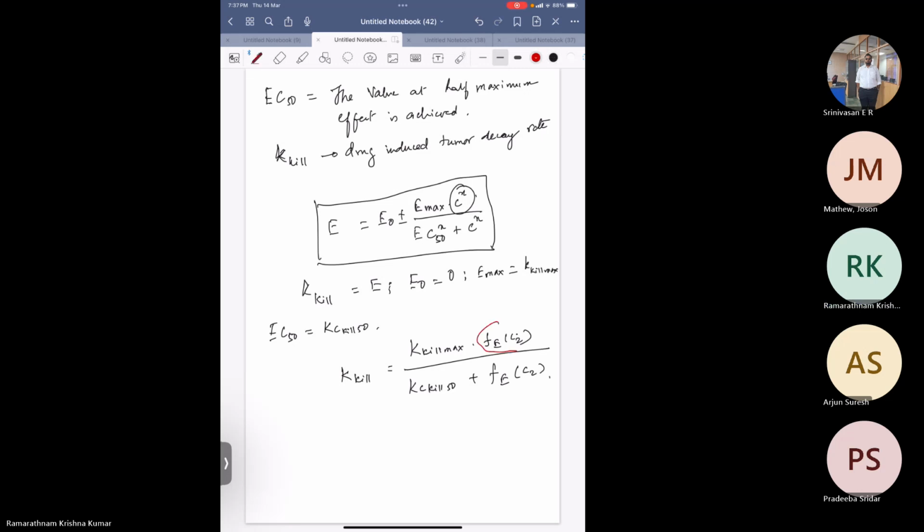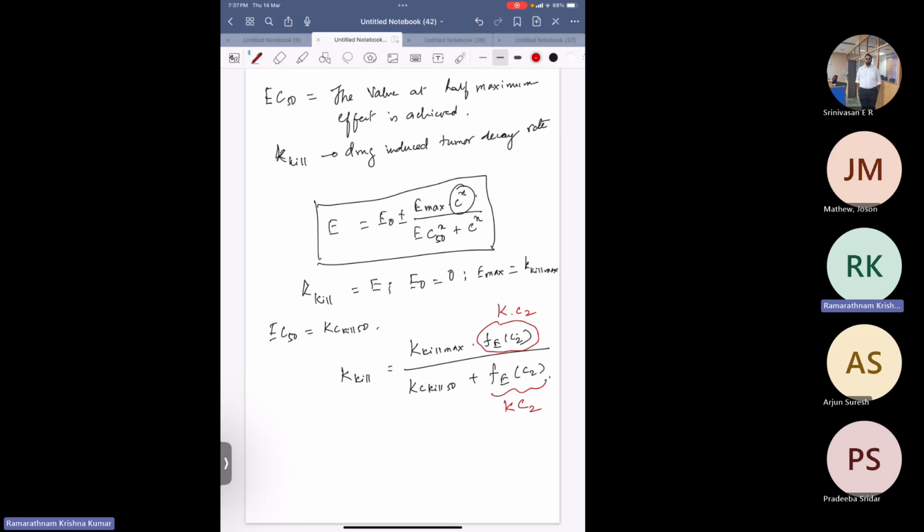Usually this is equal to some capital K times C2, a constant. But research tells you what that function is. Though it's a simple model, you can make it quite difficult.